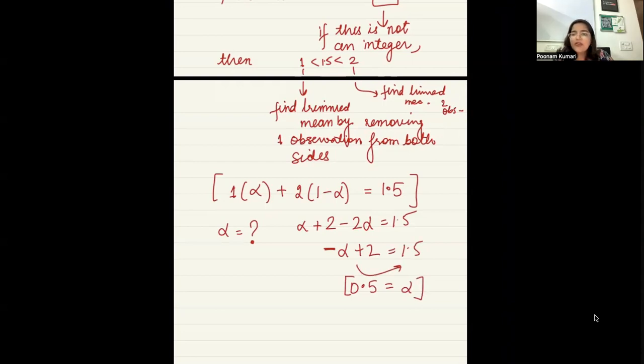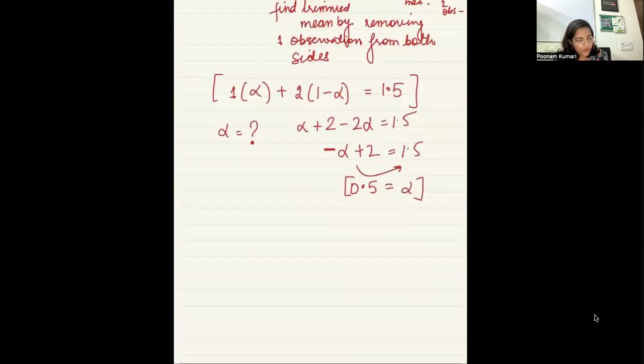Yes, ma'am. So what you have to do is put alpha weightage on this trimmed mean and 1 minus alpha weightage on the trimmed mean that you got by removing 2.